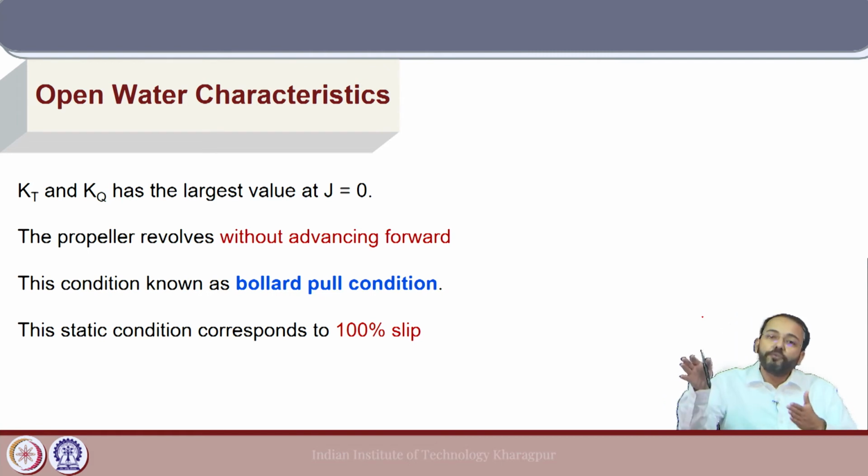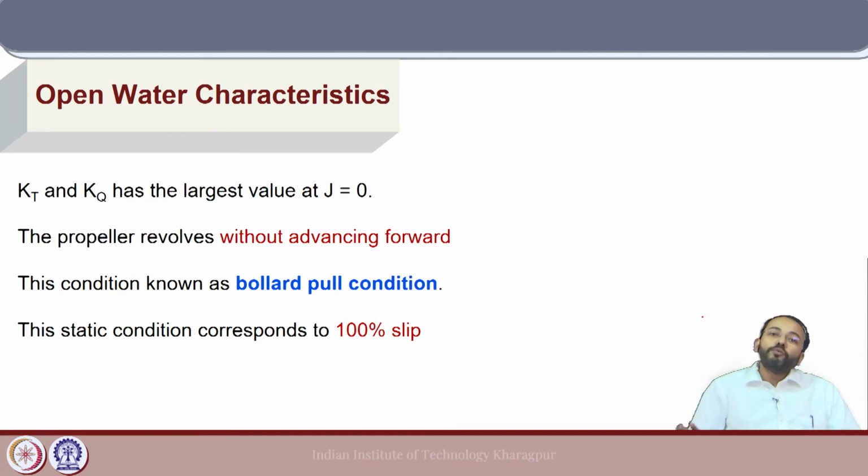The ship is not moving forward, but the propeller is rotating. Because the propeller is rotating, as we have seen in the blade element diagram, it has the highest angle of attack at J equal to 0. So, it will give a high value of thrust and also there will be a high value of torque. So, this condition where the propeller revolves without advancing forward is called the Bollard pull condition or the static condition.